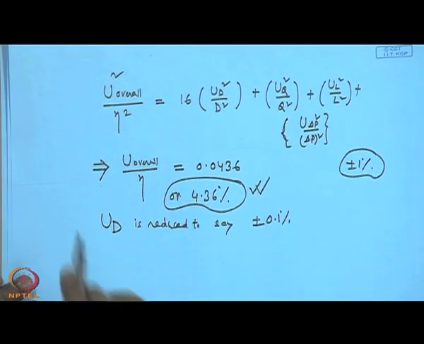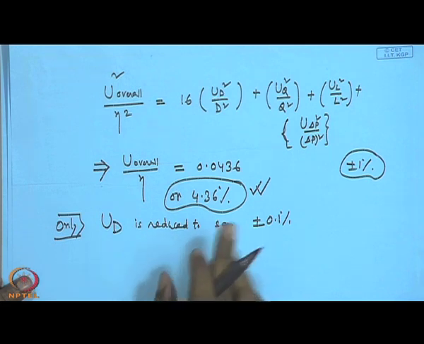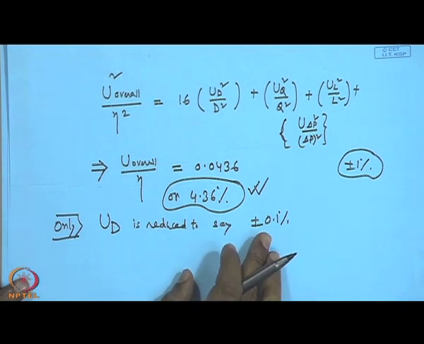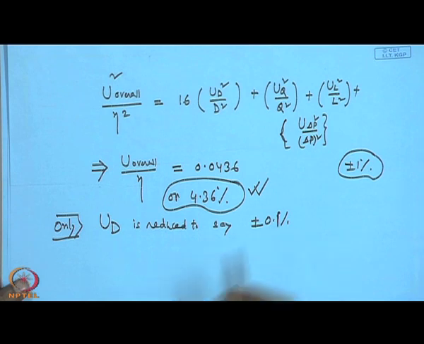Now, we say only the diameter is measured with much more improved instrumentation, so that the uncertainty associated with the measurement of the diameter is reduced to 0.1%. So, what will be the effect on the overall uncertainty?